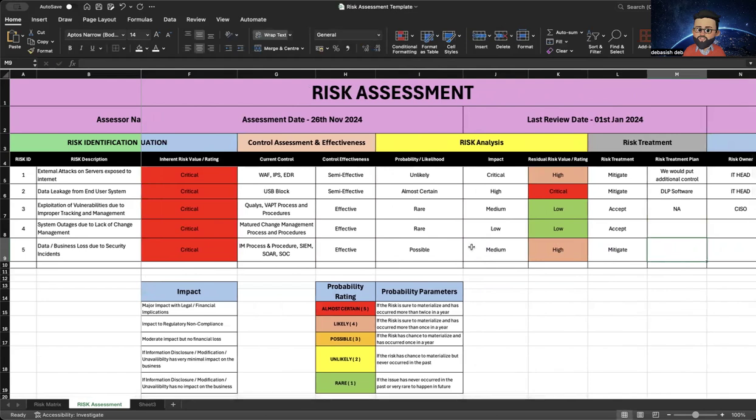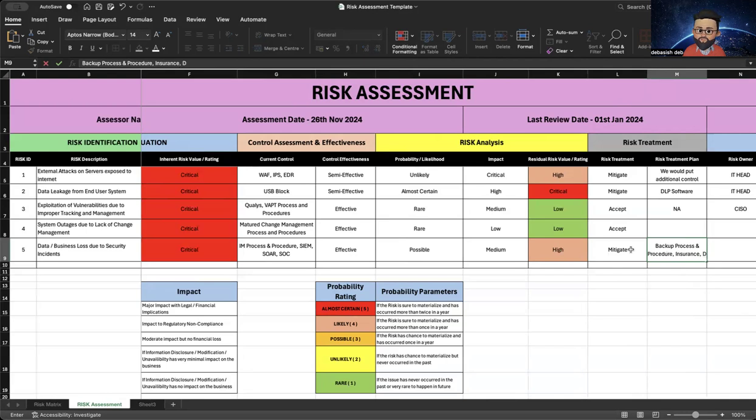So if there is a ransomware, how do we mitigate? We put additional backup process and procedure where we have, you know, off-site backup process. We may take some insurance, which is our risk transfer process, where we transfer the risk to someone else.